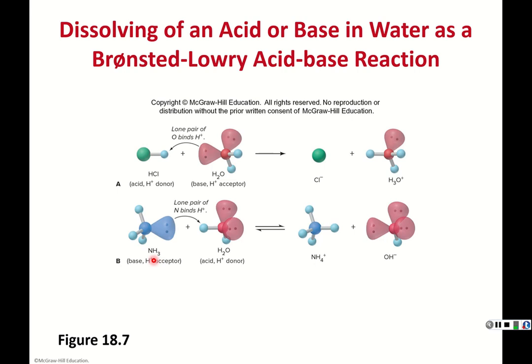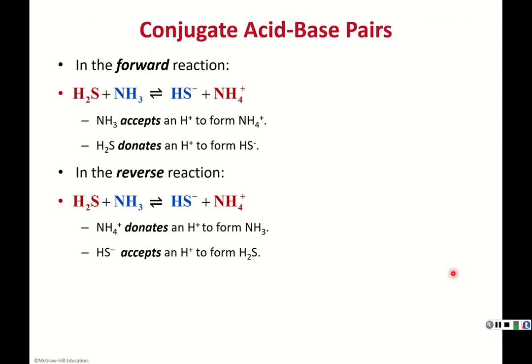If we look at something like a weak base here, NH3, NH3 has a lone pair on it. It's going to accept that proton from water. So now NH3 is our base, and H2O is acting like our acid. All right, we've alluded to this before, but here we see the details of conjugate acid-base pairs.